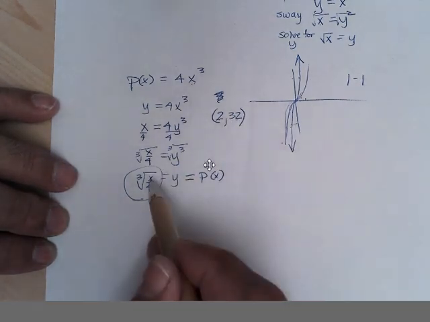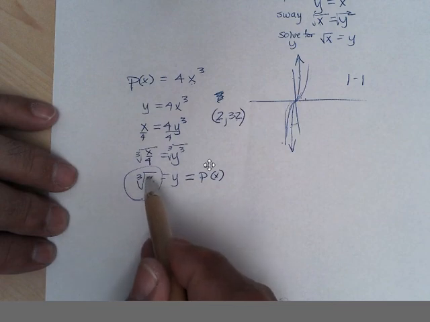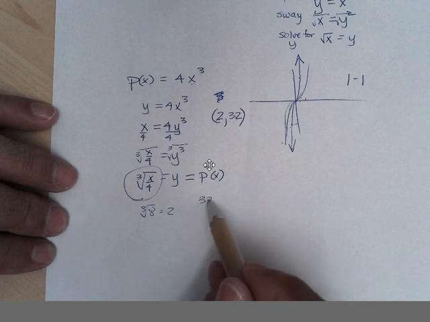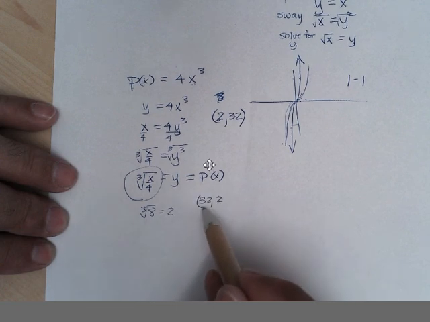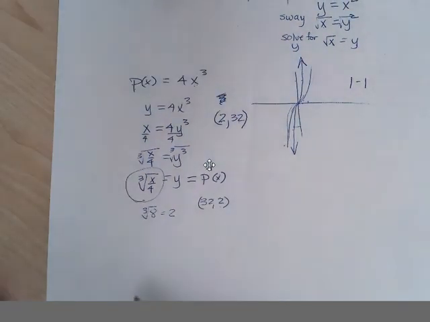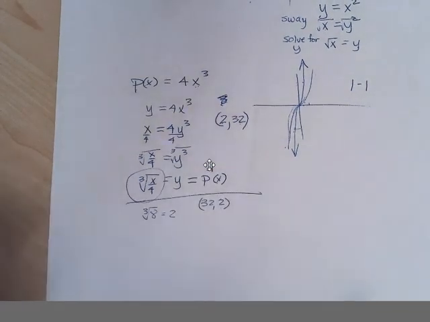So I'll put 32 into here. 32 divided by 4 is 8. So I'd have the cube root of 8, which is 2. So I put 32 in and I get 2. See how that's the inverse of this? The points are switched. So that's how I would get the inverse.